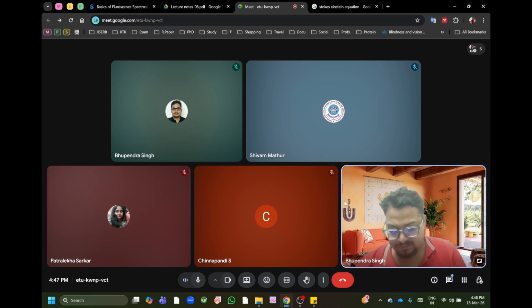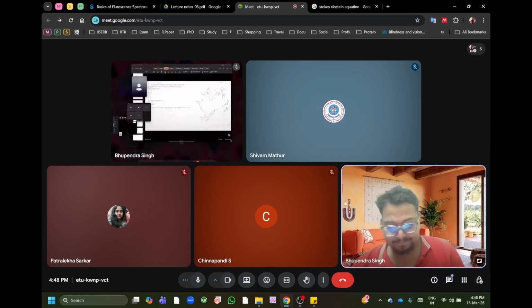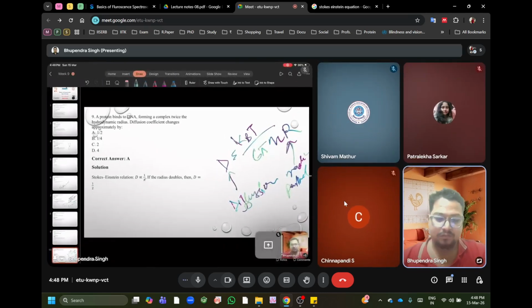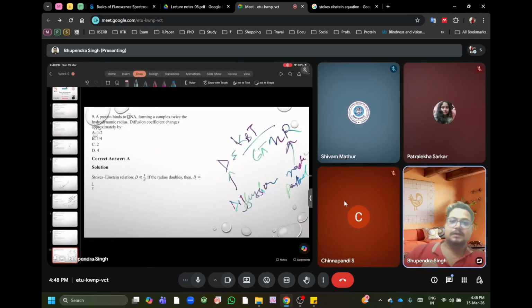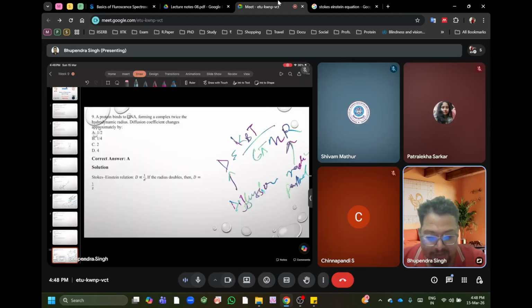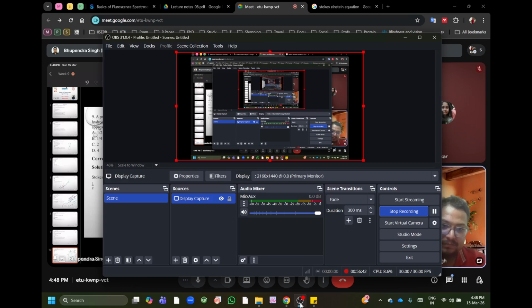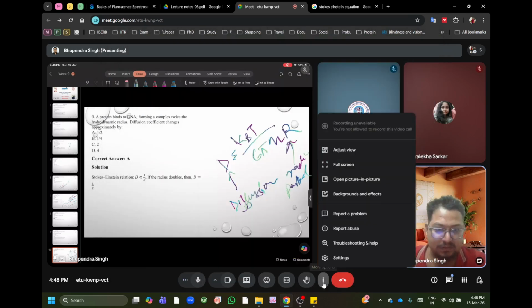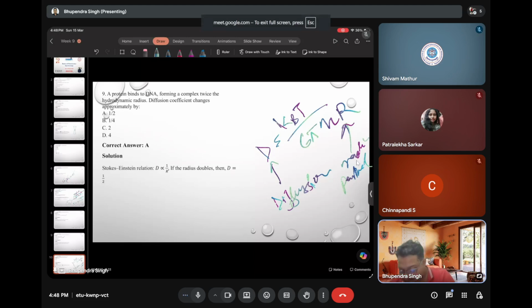It will not take much time. Okay, good to go. See, D is the diffusion coefficient, R is the particle's radius, as I've already explained. So they are inversely proportional to each other. D is proportional to 1 by R.